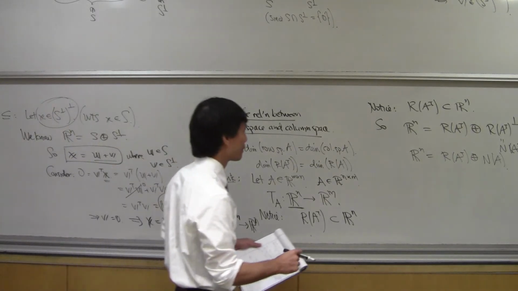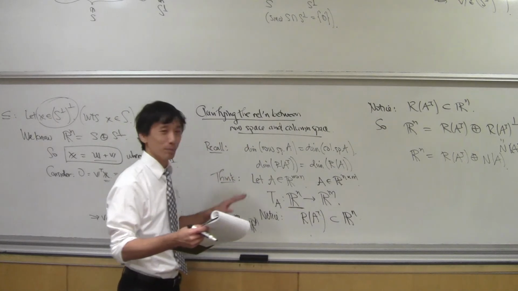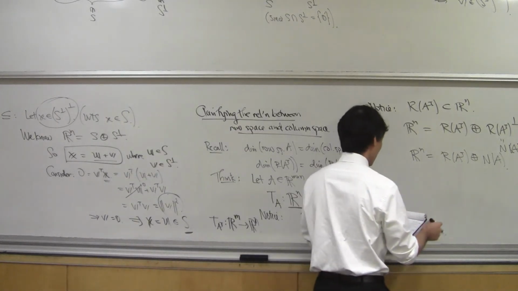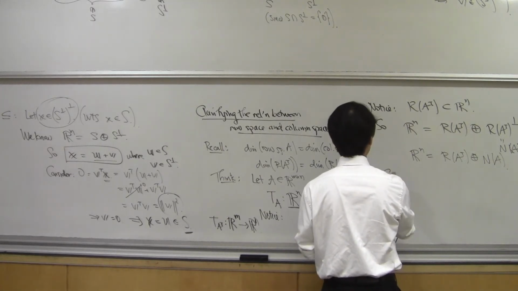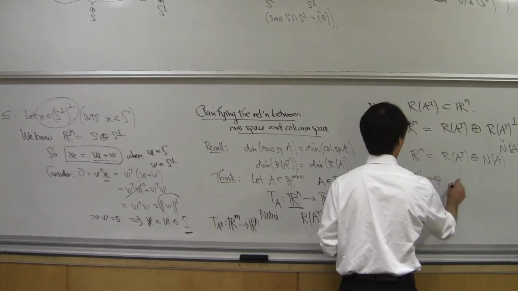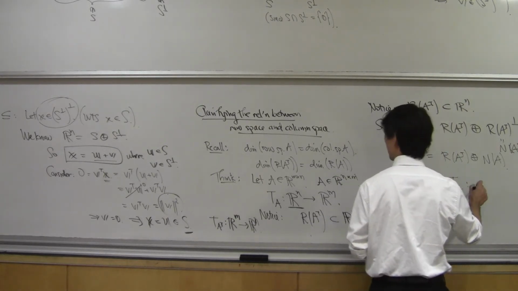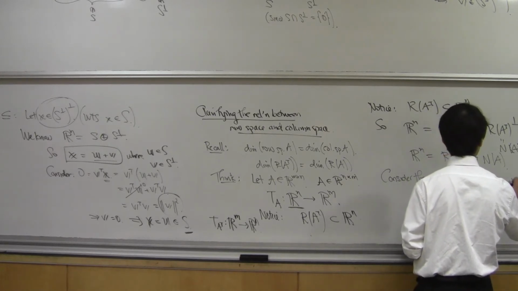Okay. So now consider the map T sub A going from Rn to Rm.